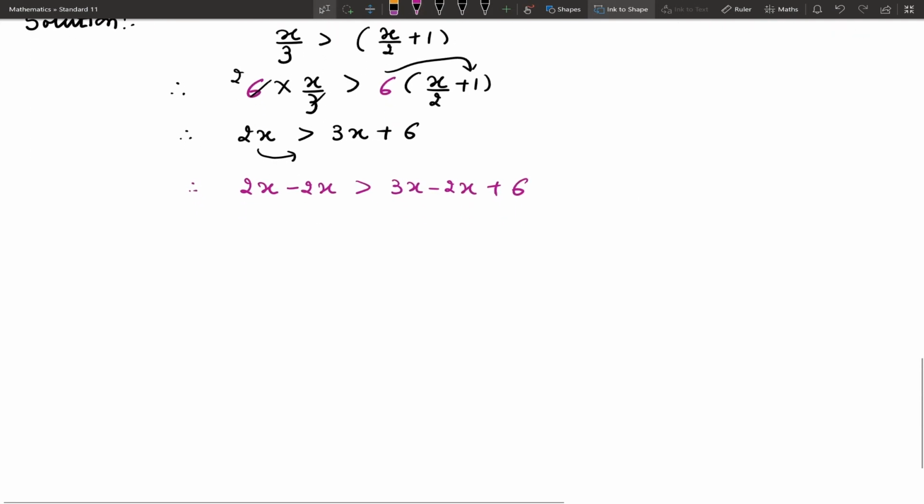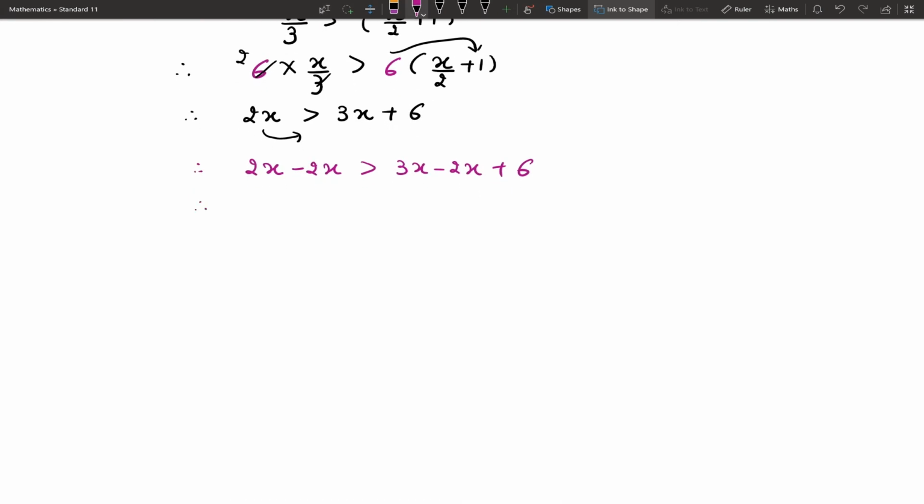Now simplification is 0, 3x minus 2x, x plus 6. Add both sides minus 6. So minus 6 greater than x plus 6 minus 6, or same can be written as minus 6 greater than x.